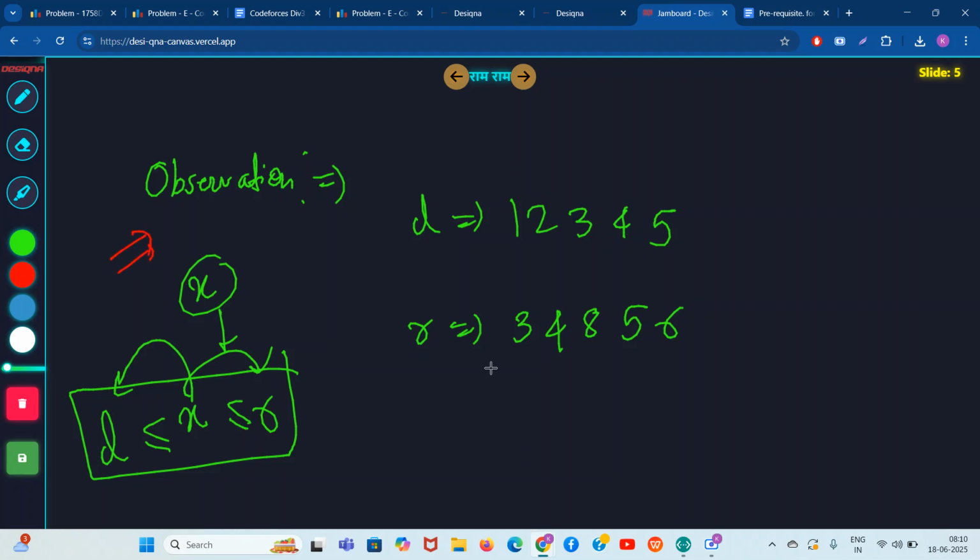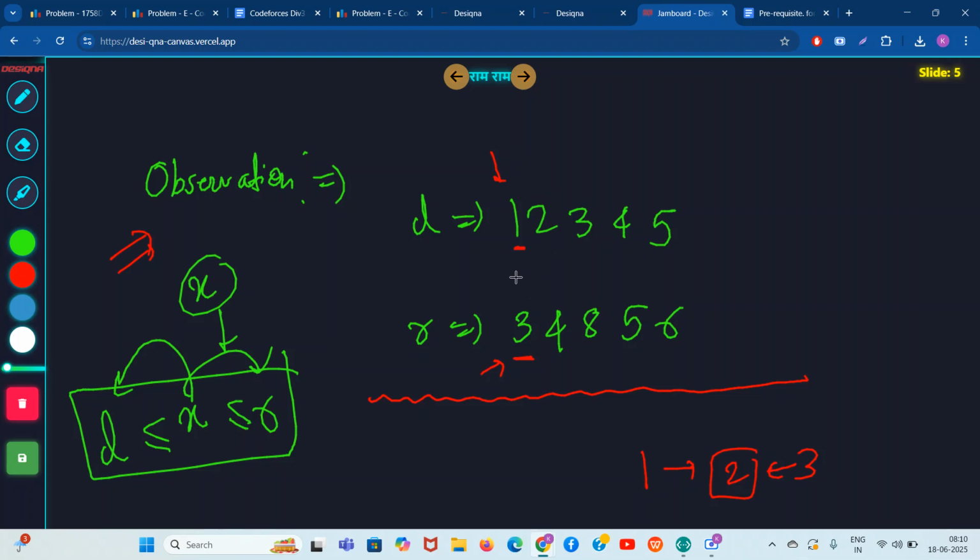So, what will you do here? Well, it's pretty easy if you really focus. I can see that the first number here is 1, and the first number here is 3. So I can take any number which is in the middle of 1 and 3. What is in the middle of 1 and 3? 2.